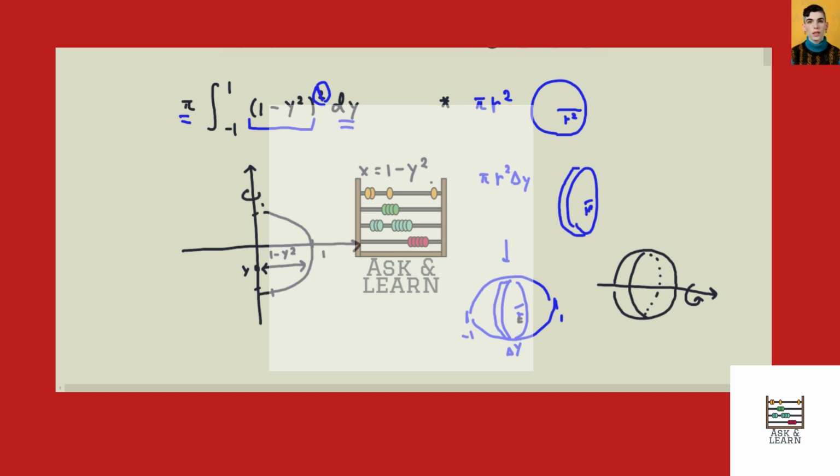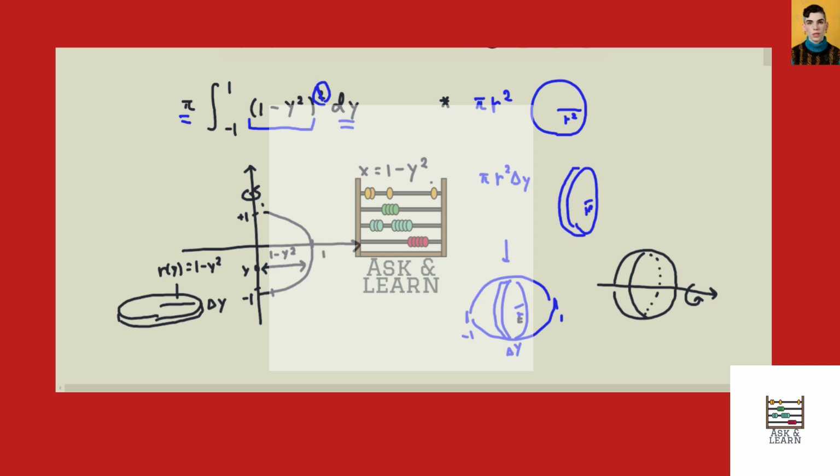So when you revolve around the y-axis, the solid that you're going to get is going to look like this. You will have a radius with respect to y, which is equal to 1 minus y squared. This is going to be a change in the y values because it's a very thin disk. Then you're going to take the integration, or sum it up, from -1 to +1.